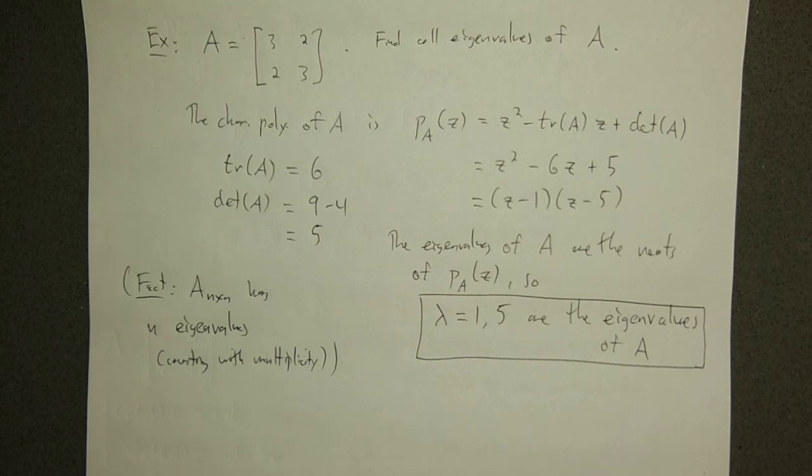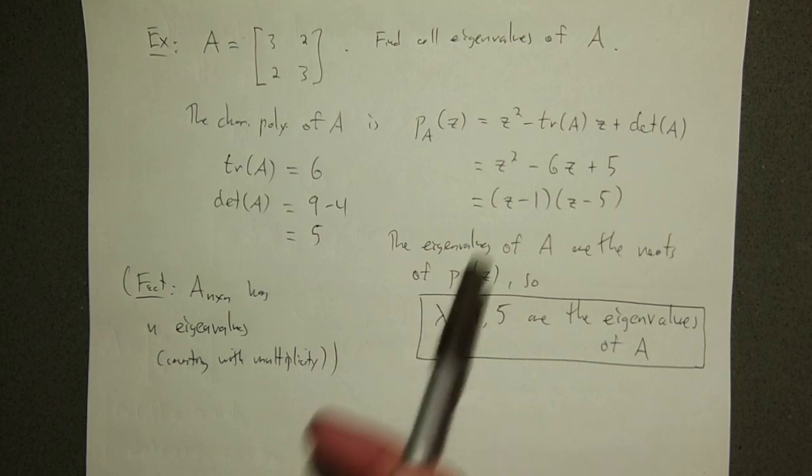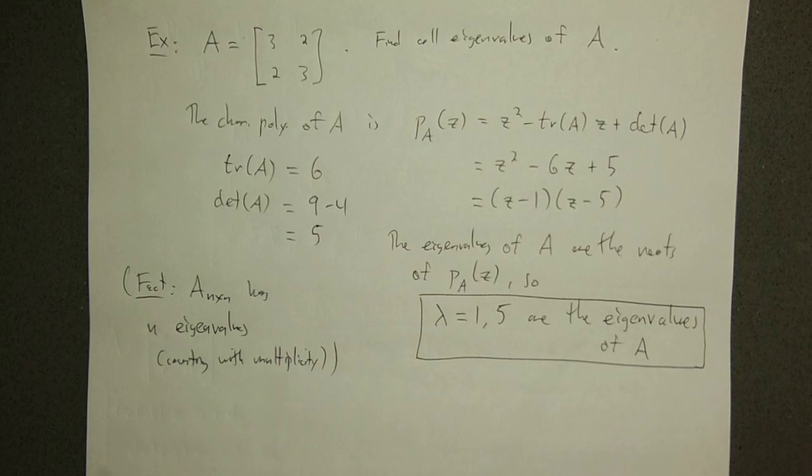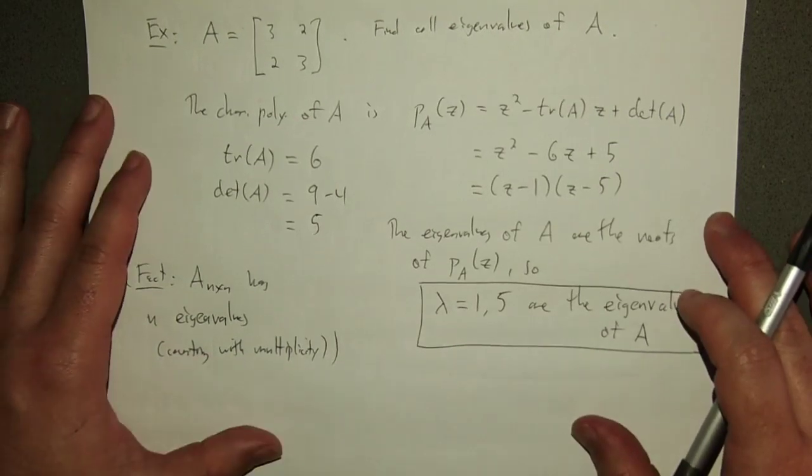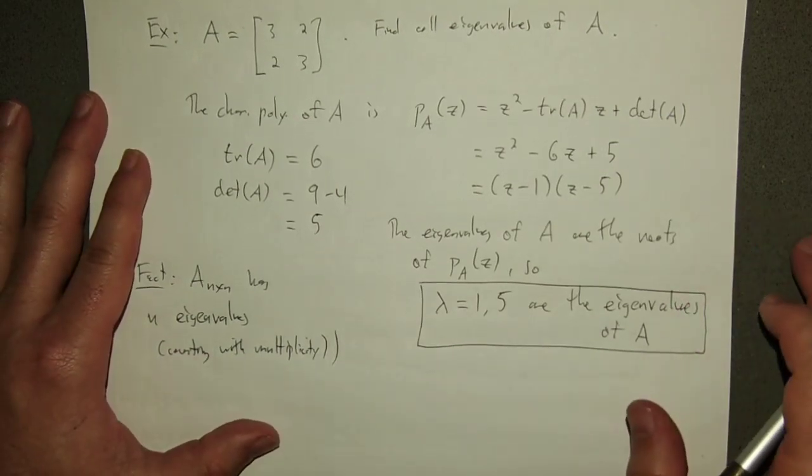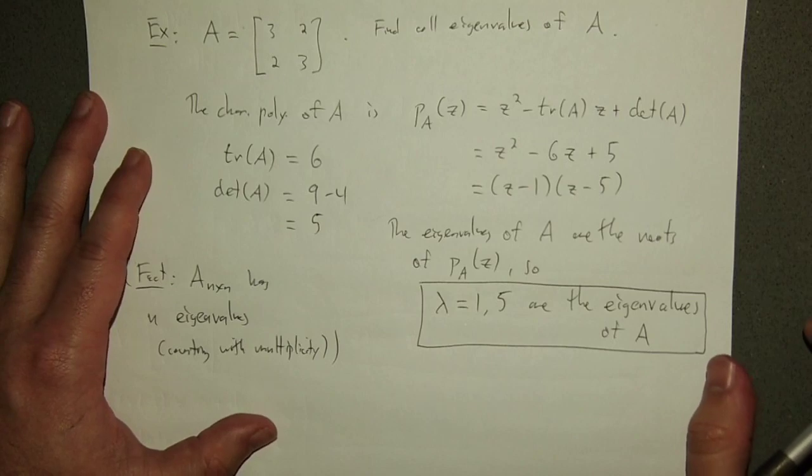I don't care if they're real or complex, so I'm happy regardless of what happens. I solve for these roots, I get my eigenvalues lambda, and I'm happy. So I'm almost done with what I want. I said that I am happy if I can compute the eigenvalues and associated eigenvectors.